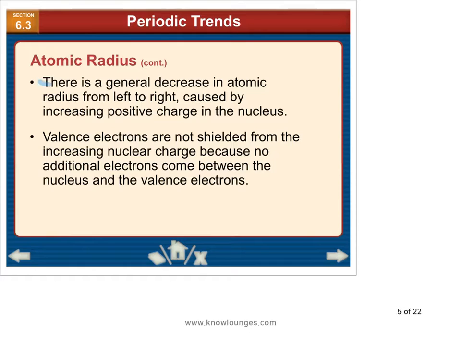General decrease in atomic radius from left to right, the first of our periodic trends. You'll have to understand these trends, and I want you to understand why they occur. This is caused by an increasing positive charge in the nucleus.